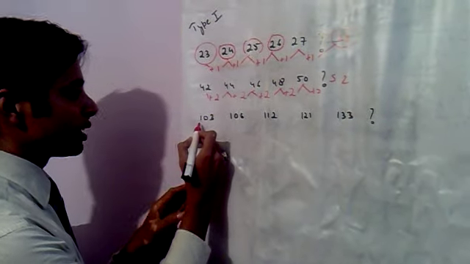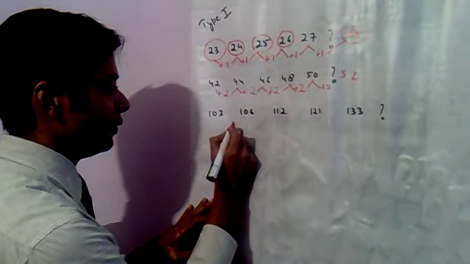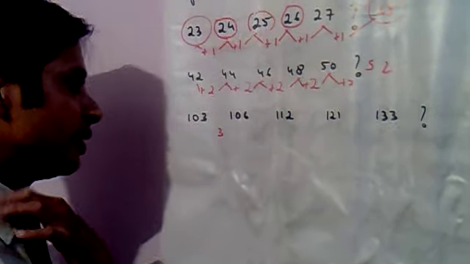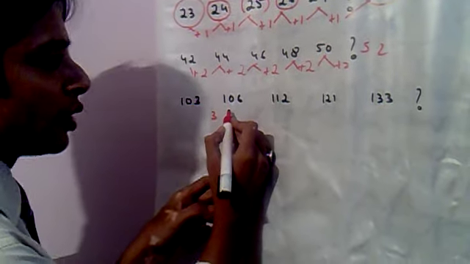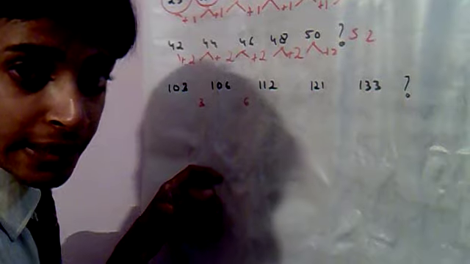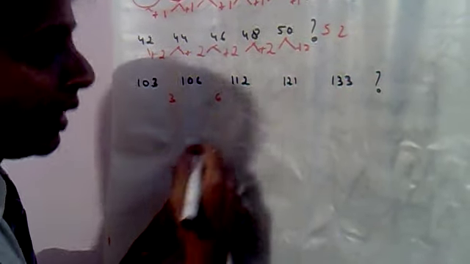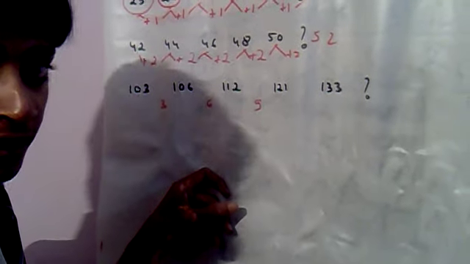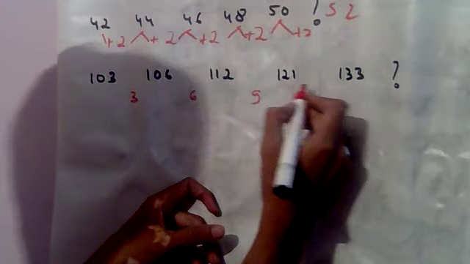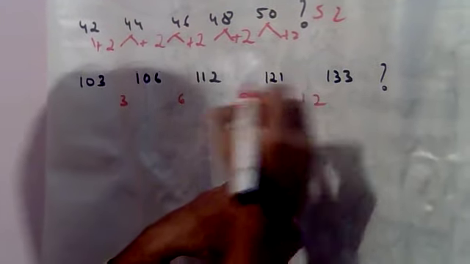So we subtract 103 from 106. Here we get a 3. Then we subtract 106 from 112. Here we get a 6. Then we subtract 112 from 121 and here we get a 9. Then we subtract 121 from 133 and we get a 12.